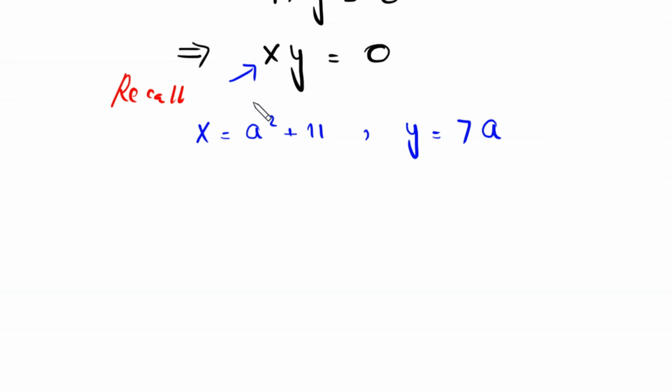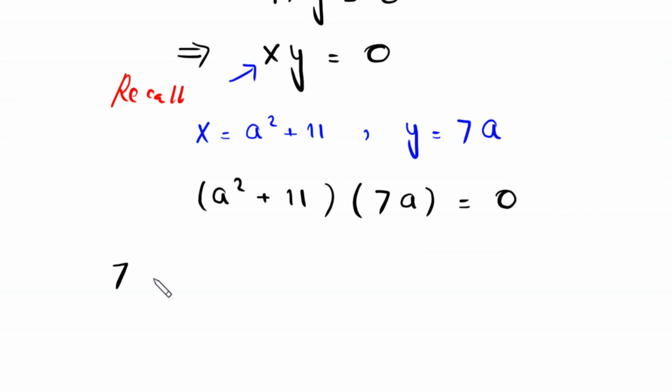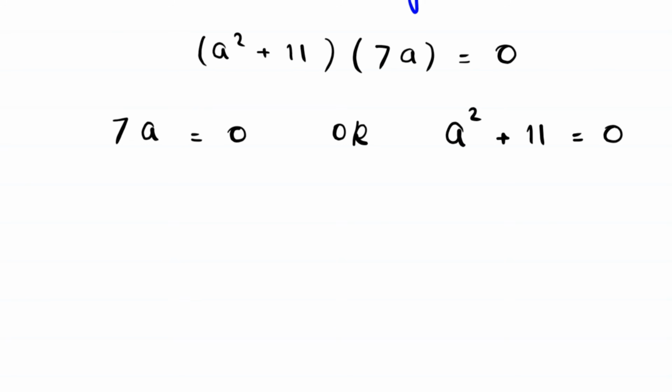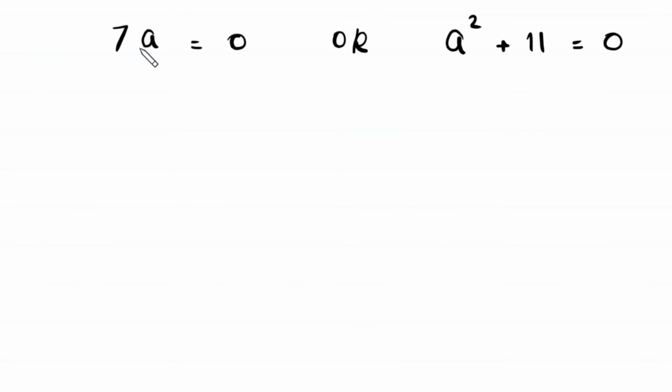So this equation will become (a squared plus 11) times 7a equal to 0. Either this expression 7a equal to 0 or this expression a squared plus 11 equal to 0. From this equation, if we divide both sides by 7, this implies that a is equal to 0.